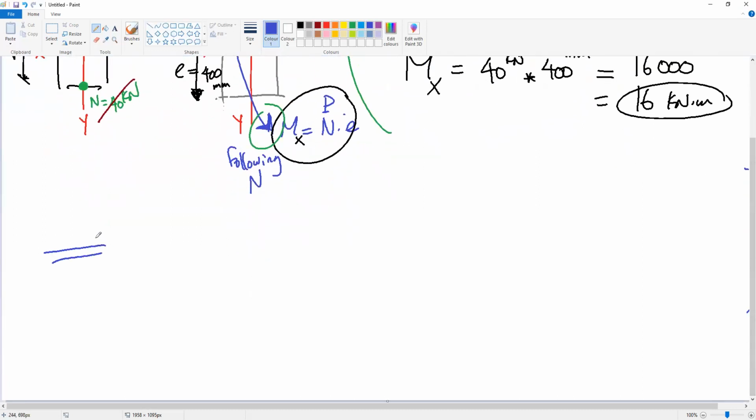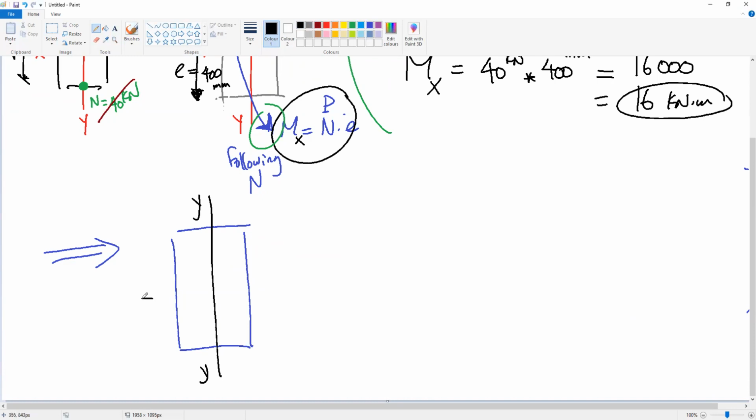So finally, we have found that this is our cross section given. Y-axis, x-axis. We have a normal force here equal to 40 kilonewton and a moment Mx equal to 16 kilonewton meter.